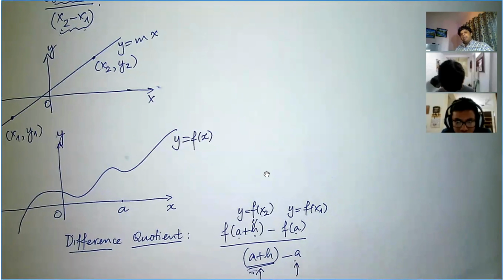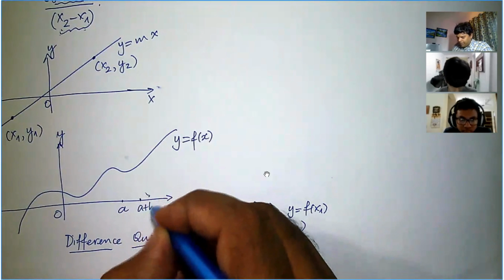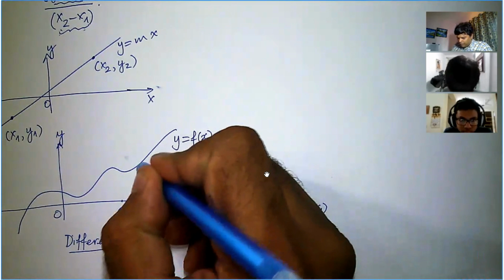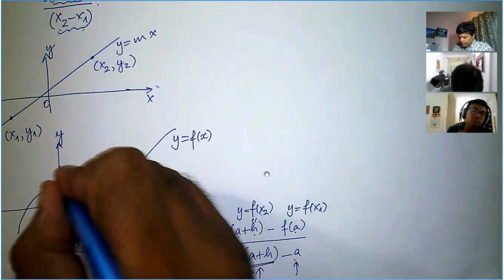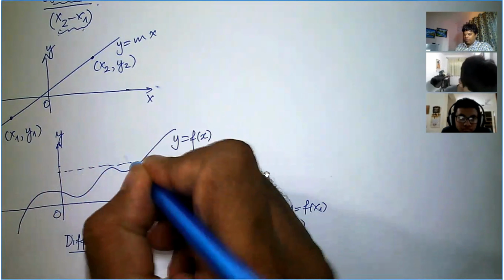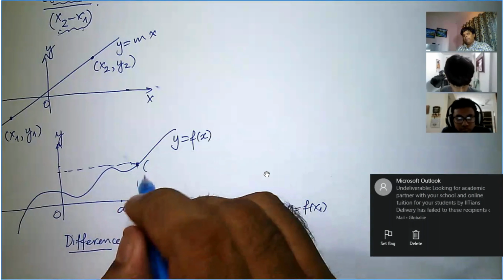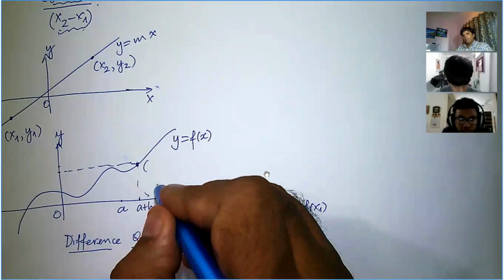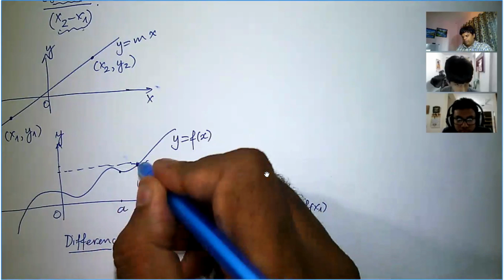So exactly the same notion. Here is A, and maybe I'll take A plus h here. So here is the value of the function. What is this point? What is the y value of this point? Krishna, what is this first point?